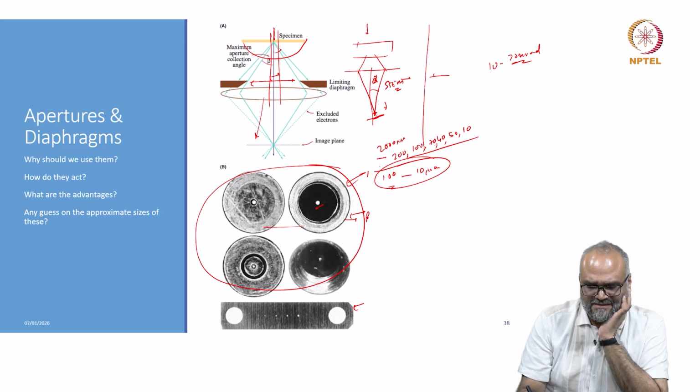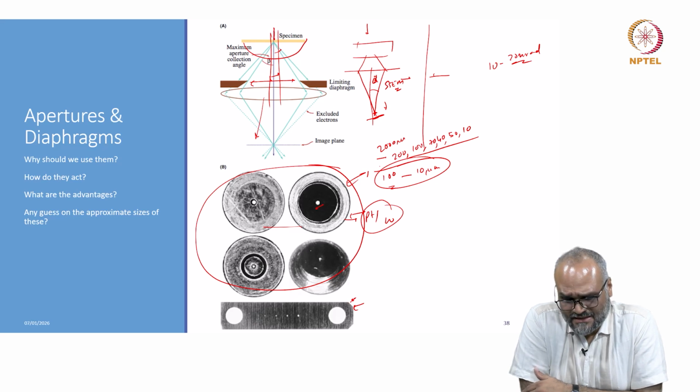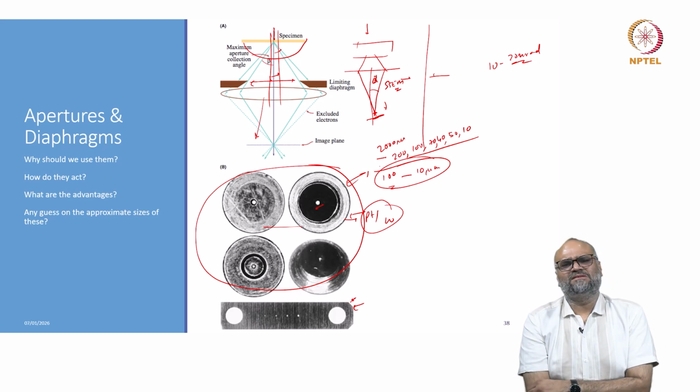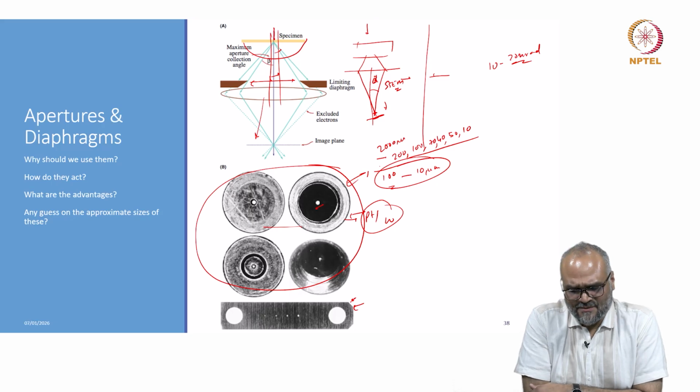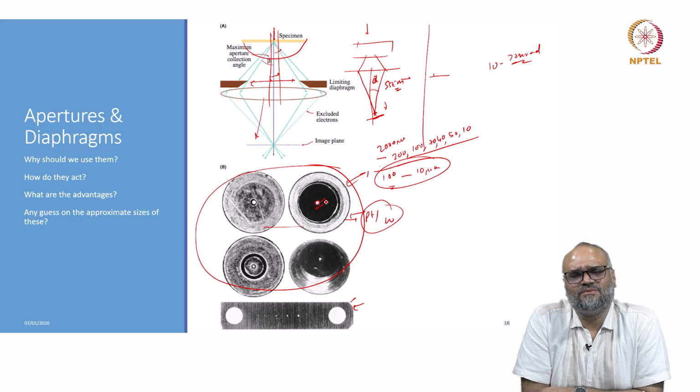Typically these are platinum or tungsten strips in which small holes are present, or molybdenum, because you use a heavy atomic weight element so that whatever electrons are beyond this hole are restricted. And the main important role the aperture plays is you can have a control on the collection angle or the convergence angle when you are doing various modes of imaging.